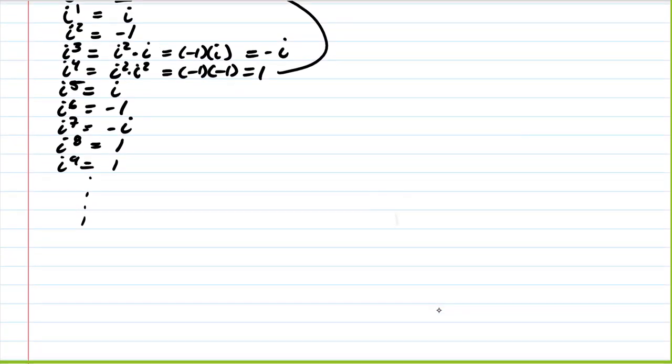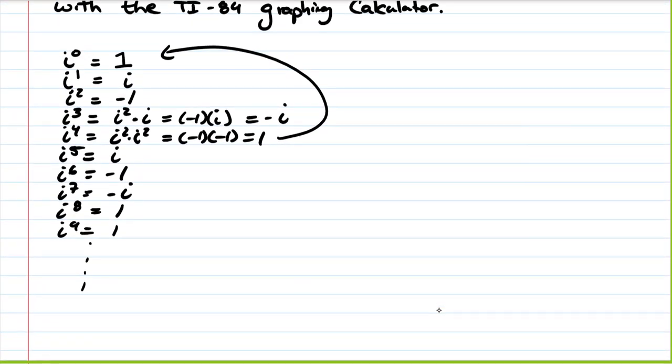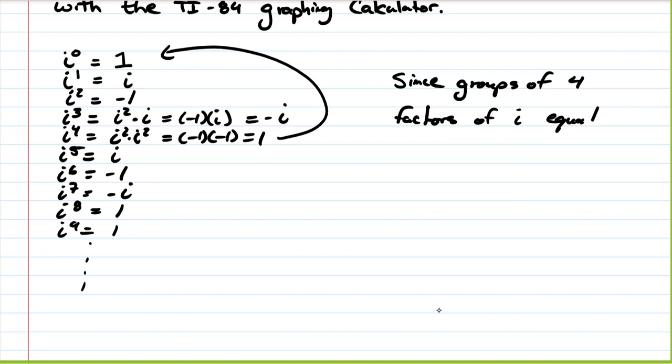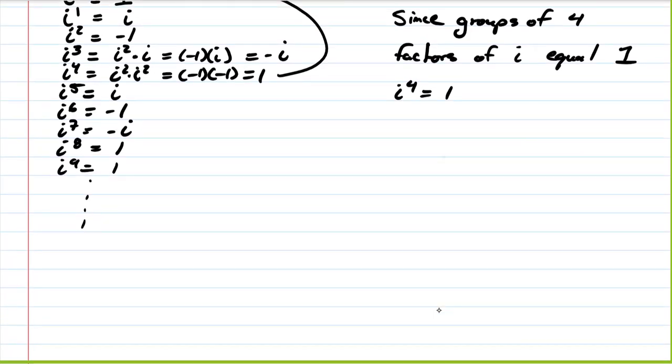We notice that in this pattern, every 4 factors of i is equal to 1. So since groups of 4 factors of i equal 1, what we have in symbols is that i to the fourth equals 1, and we can use the following.